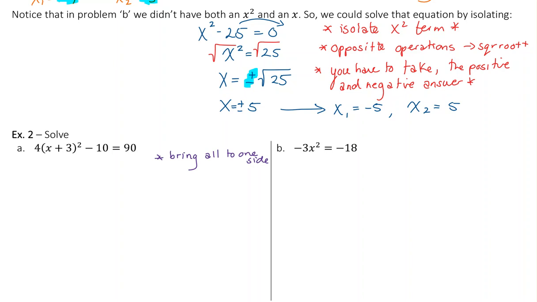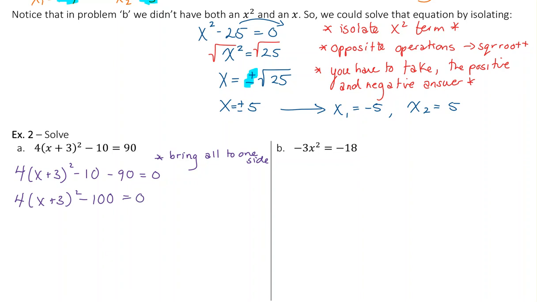Okay, well, if we do that, let's just bring everything to the left side, which means that 90 needs to come over, subtract 90 equals 0. Okay, if we collect our like terms, we're going to have negative 100.